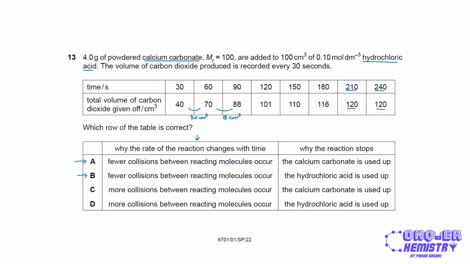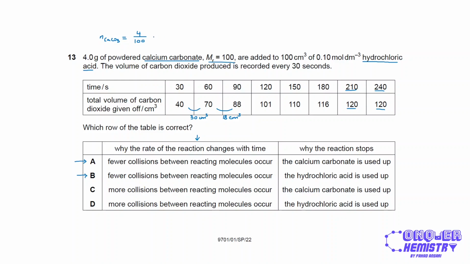Either the calcium carbonate or the hydrochloric acid is used up. Now, which of them actually gets used up? We need to do a calculation of limiting reactant. So first, we find the moles of calcium carbonate. We have the mass, which is 4 grams, divided by the Mr, which is 100, that has been given over here.